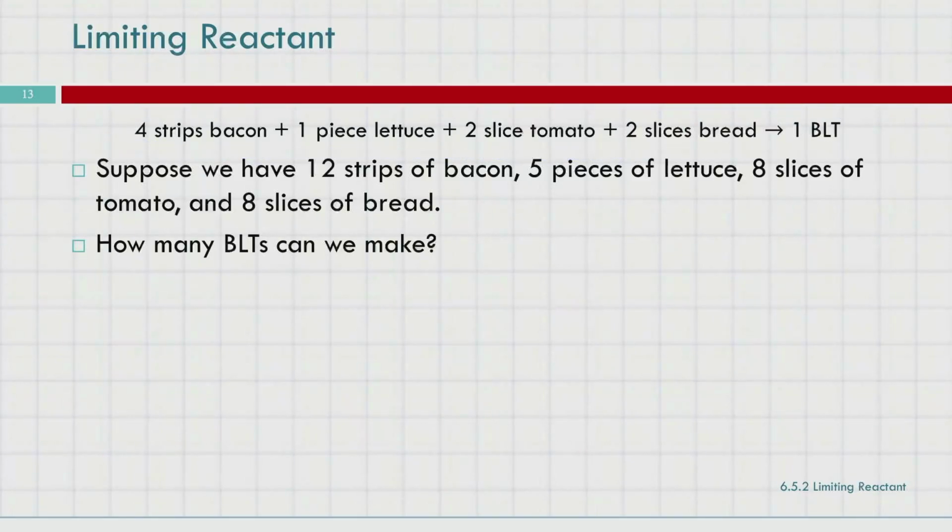Let's say we root around in the fridge. We find that we've got 12 strips of bacon, 5 pieces of lettuce, 8 slices of tomato, 8 slices of bread. How many BLTs can we make strictly following this recipe? Of course, if this was us at home, we could probably finagle something, make some Franken BLTs that are not quite according to recipe.